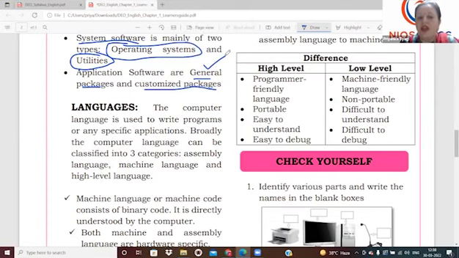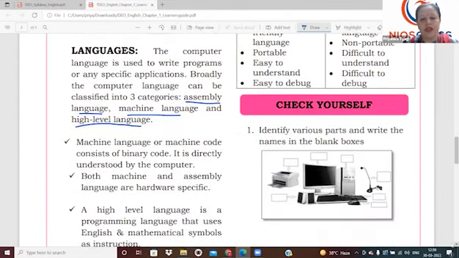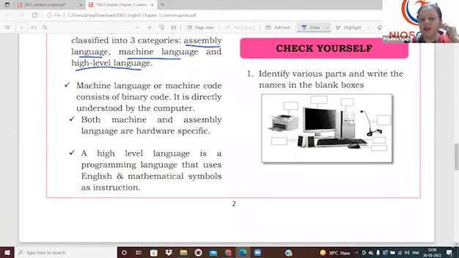According to category, the languages are categorized into three categories: assembly language, machine language, and high level language. Normally, assembly language is very much able to handle the binary data of the computer.